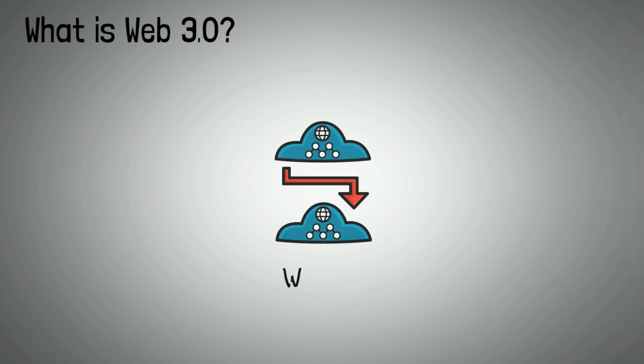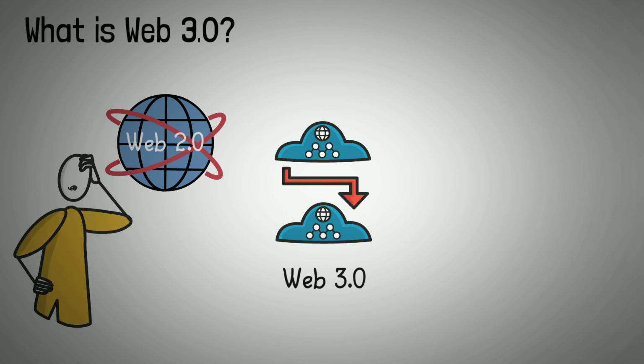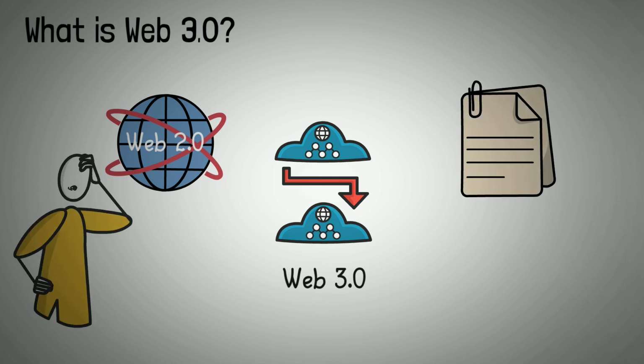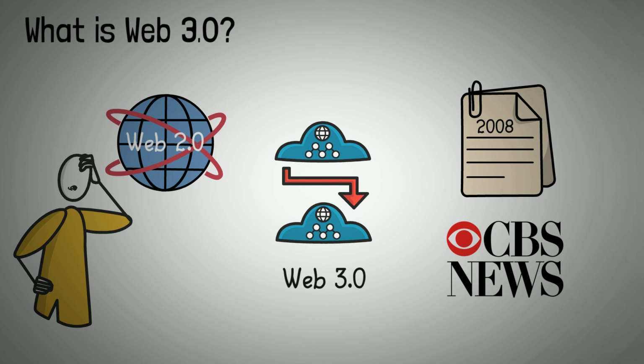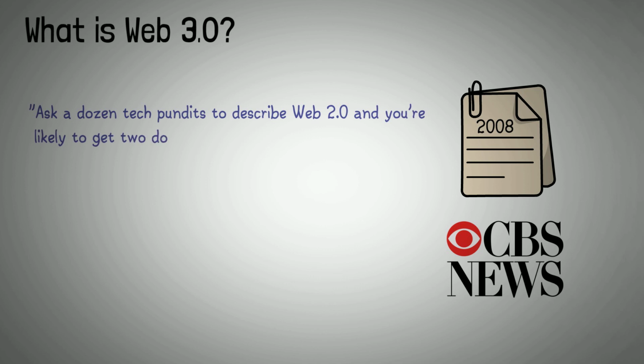Much like what we are now witnessing with Web 3.0, the definition of Web 2.0 in the first couple of years was still hazy. In fact, an article dating from 2008, several years after first hearing about Web 2.0, was published by CBS News. They tried to tell the readers the definition of Web 2.0 and stated, "Ask a dozen tech pundits to describe Web 2.0, and you're likely to get 24 explanations as to what it is.